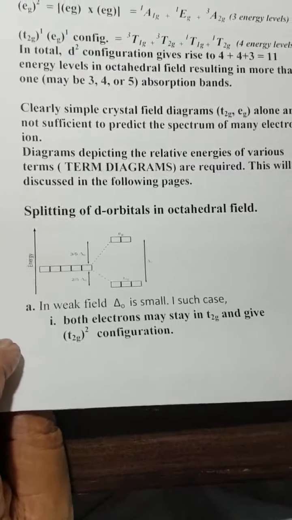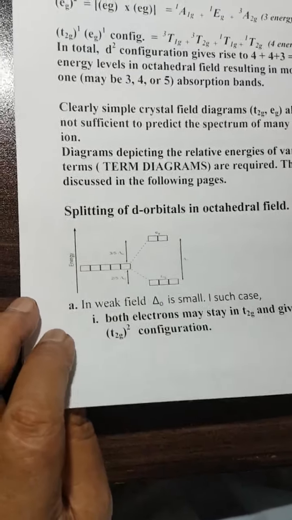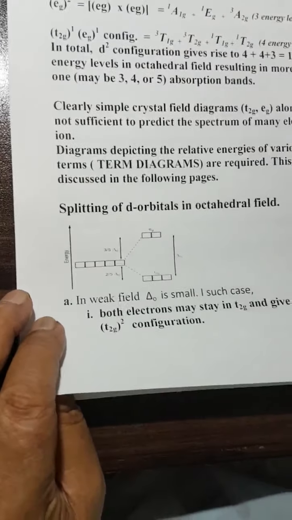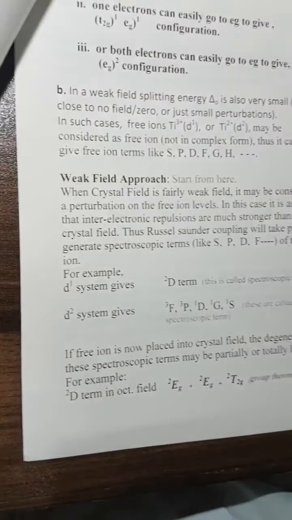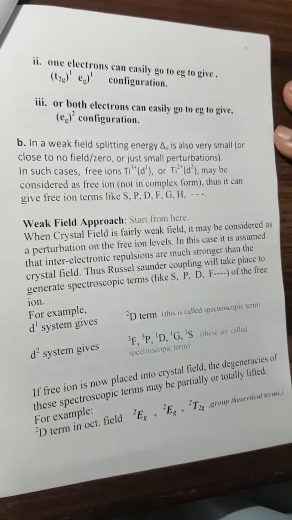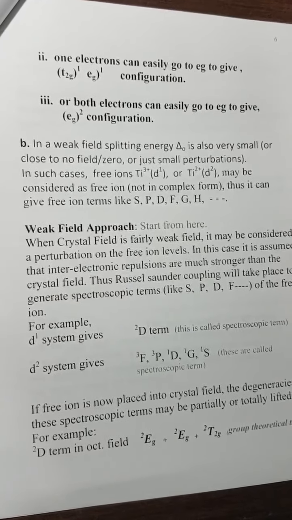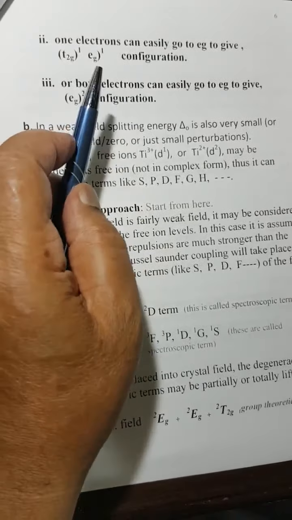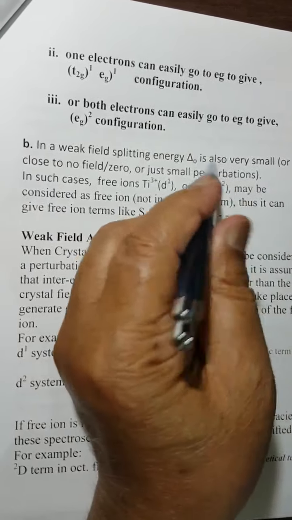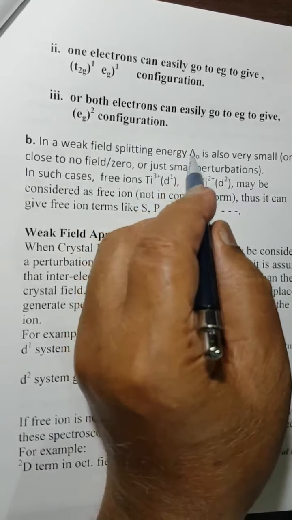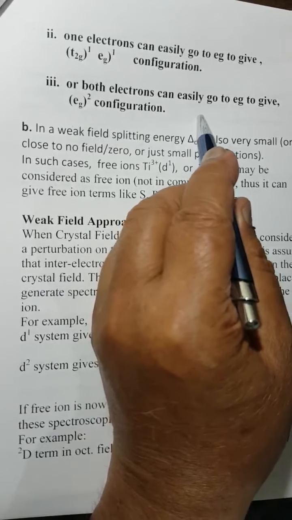When two electrons are put in a weak field, weak field means weak ligand field, one electron can easily go from T2g to eg to give this configuration. You see that if this delta is small, then we require only small energy.